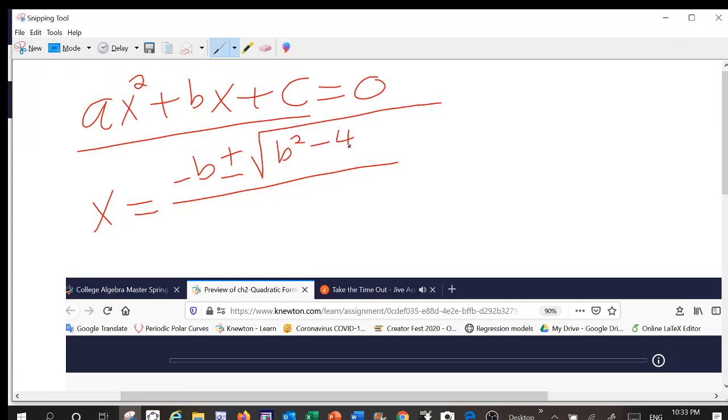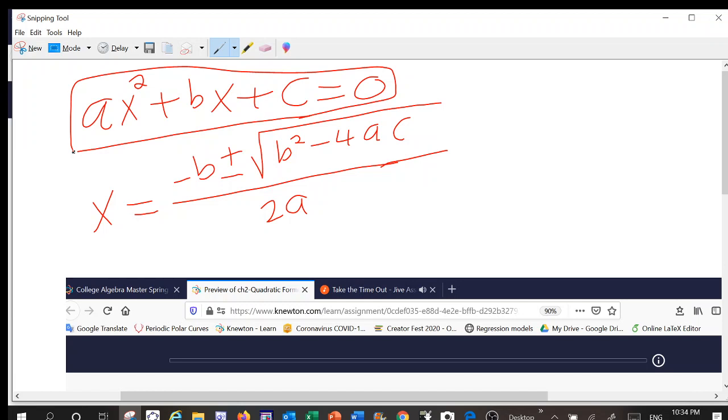So we have this very simple formula that we can always use to solve quadratic equations. Otherwise, we would have to solve it by factoring or by applying completing the square to each individual problem.